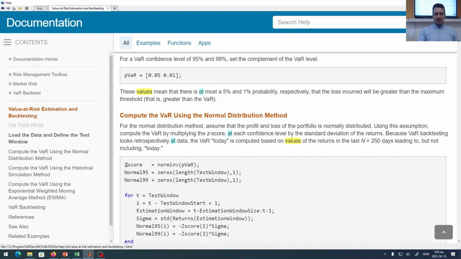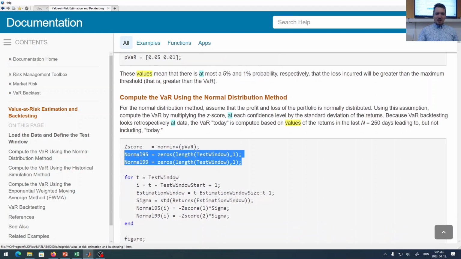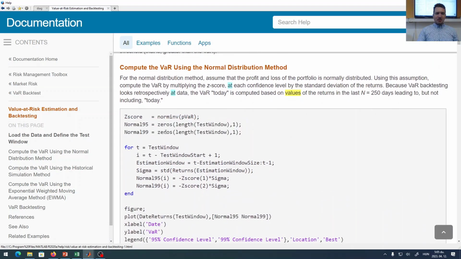So this is what we did here, and this is just for data management, because it just fills the right amount of data points with zeros, so it doesn't matter. It's not relevant for us.